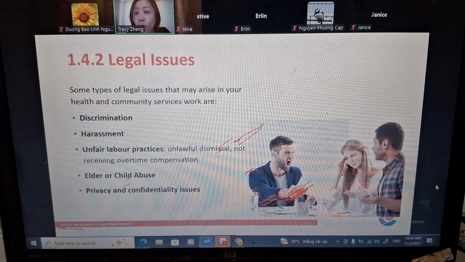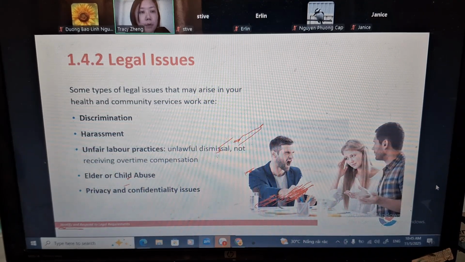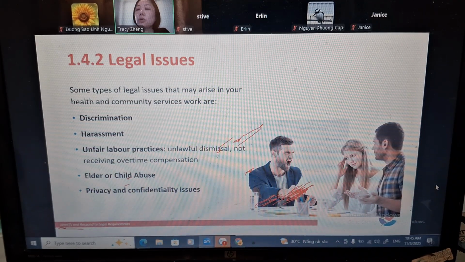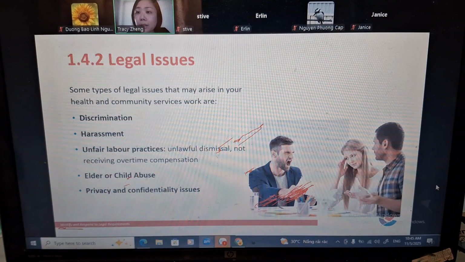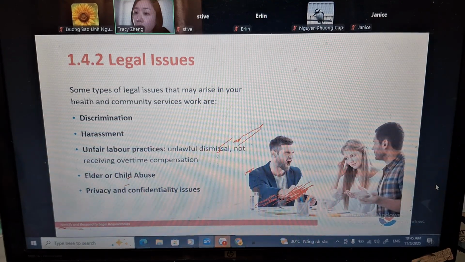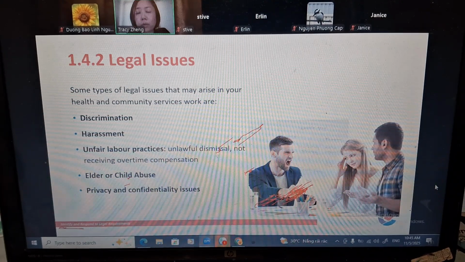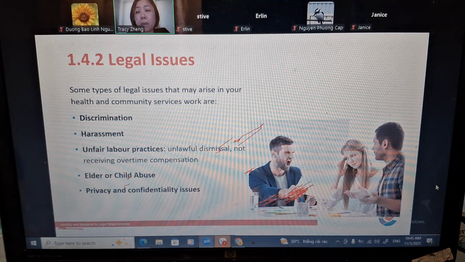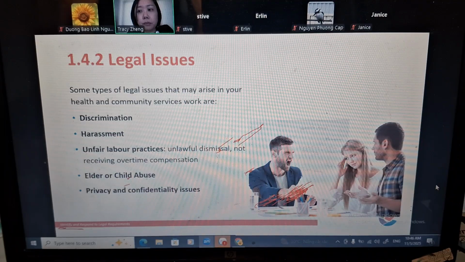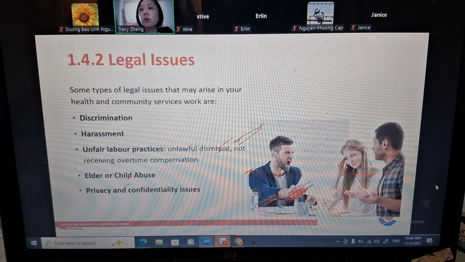So I hope none of you will have any of those problems, as long as you follow and understand your role, follow all of those legal requirements, and consult with your supervisor if there may be a chance of breaching any of those requirements. I'm sure your supervisor will be able to help and guide you on what to do, right? So as a support worker, please, firstly, understand your work role.